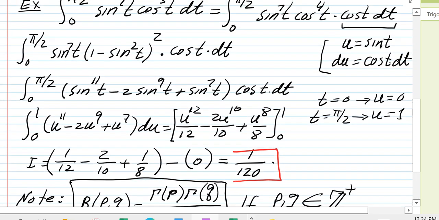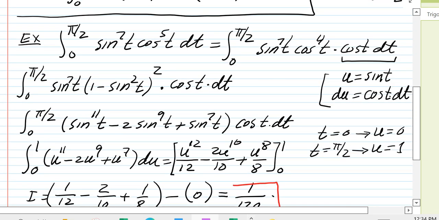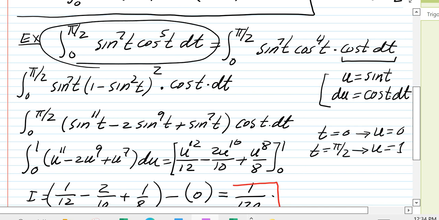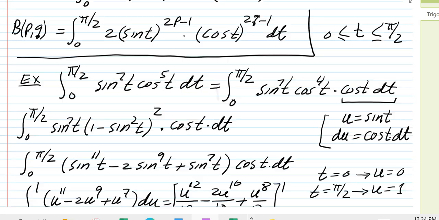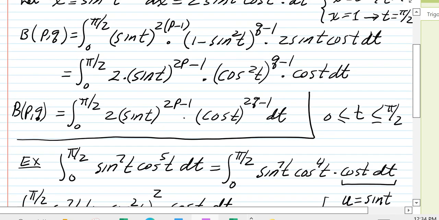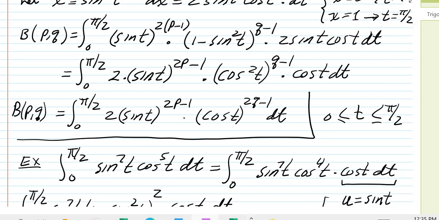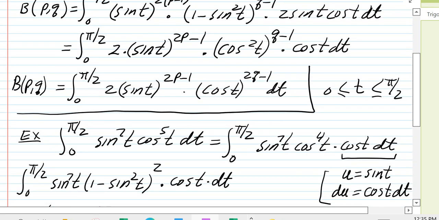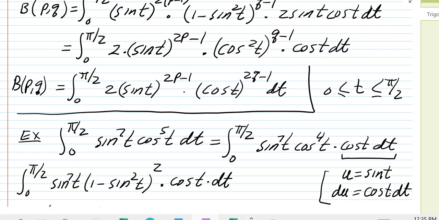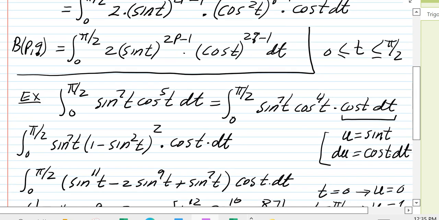Going back to our example now, which initially was this example. Okay, we want to evaluate that integral. So the integral from 0 to pi over 2, now I can actually use the trig form, evaluate this, and equate it as a beta function. Okay. Now notice there is a 2 in the integrand of the beta function written in trig form, which I do not have in my example.